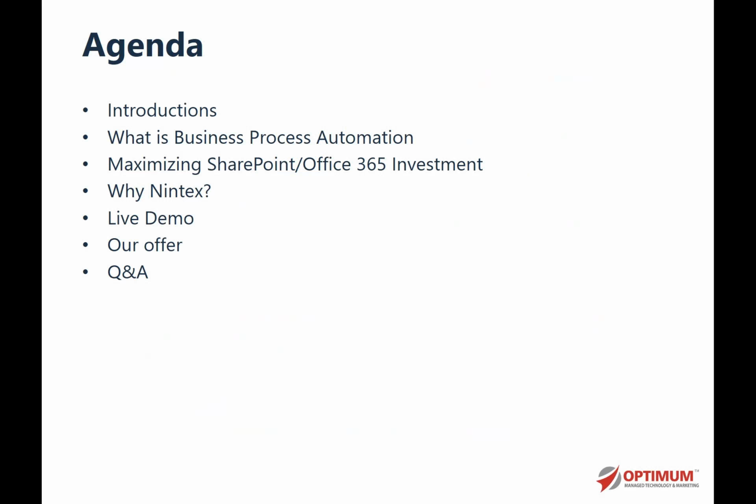Okay, let's look at the agenda for today's meeting. We've already done the introduction. During the next few slides, we're going to talk about what is business process automation and why we should automate business processes.